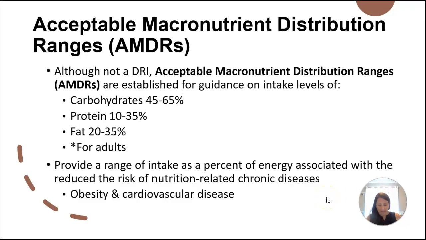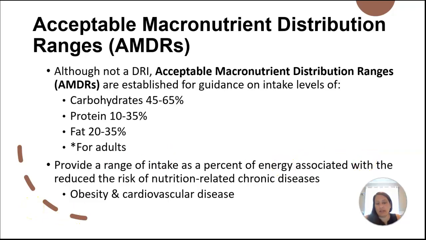And again, this is not one of the DRIs, the acceptable macronutrient distribution range, AMDRs, but we're going to talk about it here, and we're going to actually do some calculations with it and with EER. Okay, so again, I introduced you to this now twice. Again, it's not a DRI, but it is guidance that is provided and actually is in Appendix J. And so these are ranges.